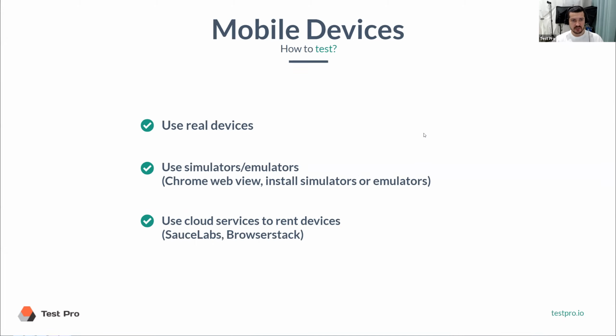Another option is to use simulators or emulators, and we're going to talk about those things. There's a video in the LMS, about 8 minutes long, where you can see how to install that, including Chrome Web View, which I will demonstrate shortly. And there are special cloud services.